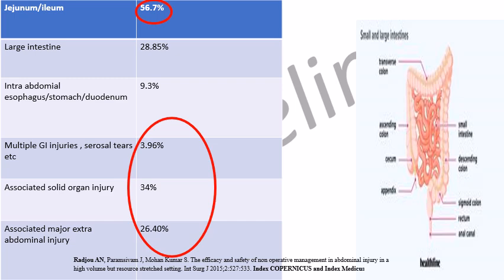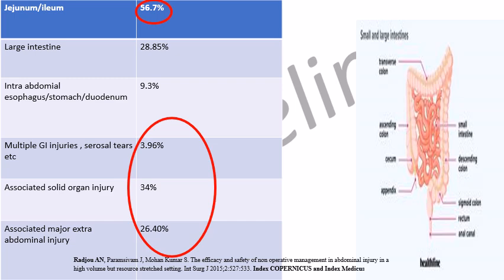Again from our study, the most common sites were the jejunum and ileum because they are relatively free floating, unlike the duodenum or the fixed ascending colon, descending colon, or the extraperitoneal rectum. Sometimes they will have multiple injuries, with perforations of the jejunum, the intestine, the colon, etc. More important is associated major injuries.